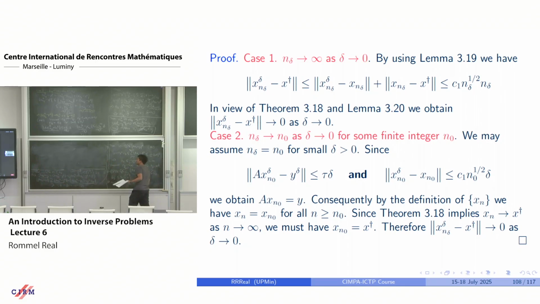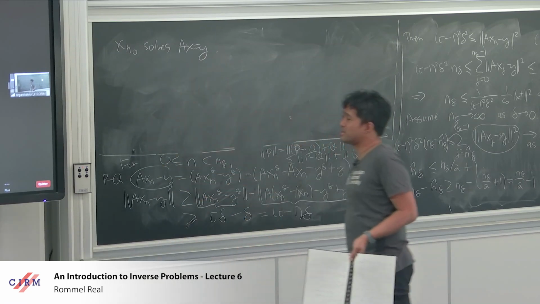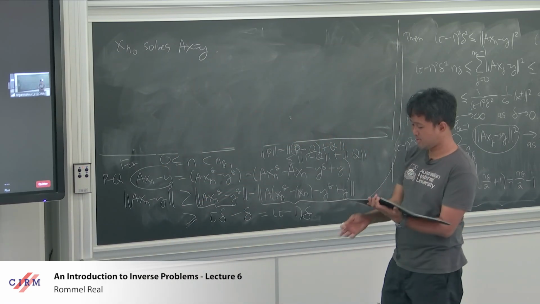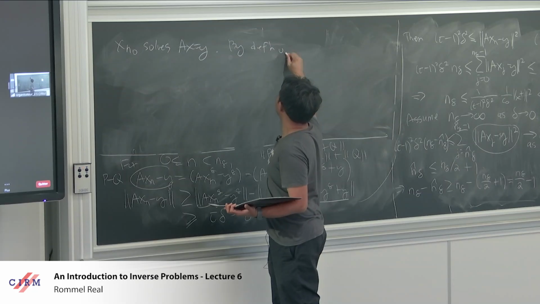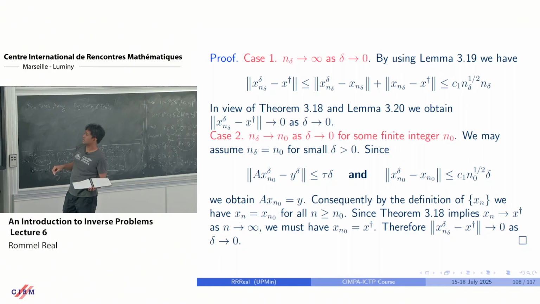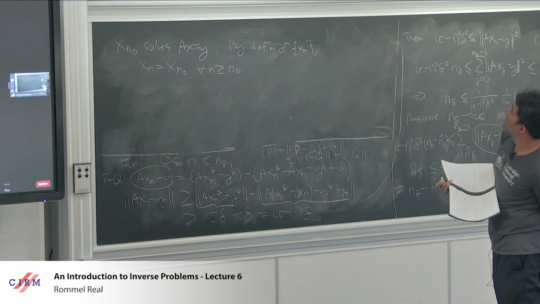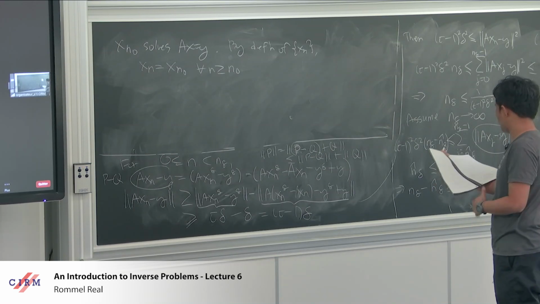That x sub n O solves the linear problem Ax equals y, and it can also be shown, by the definition of x n, that x sub n is equal to x sub n O for all n greater than or equal to this n sub O, which is the finite number where our regularization parameter works.